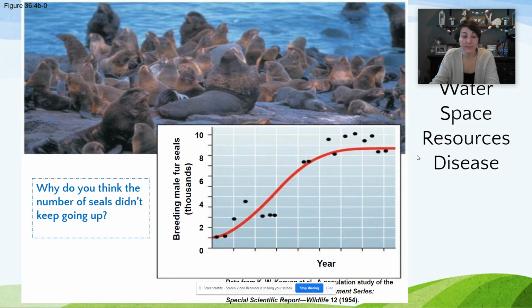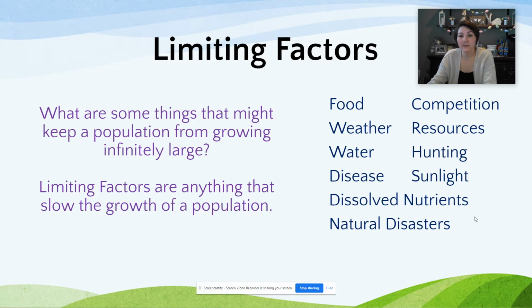So think about it. As the population gets larger, there's a limited amount of food. So they might not all be able to get the food that they need to reproduce or to survive into the next generation. And so these things are called limiting factors, things that slow the growth of that population and stop it from getting exponentially out of control. So there's lots of examples of limiting factors.